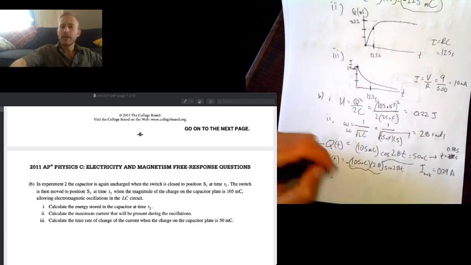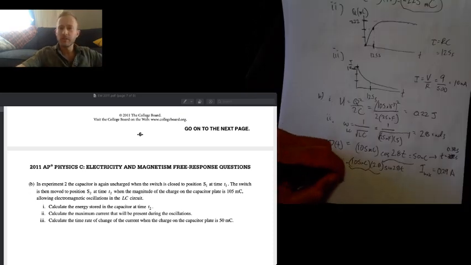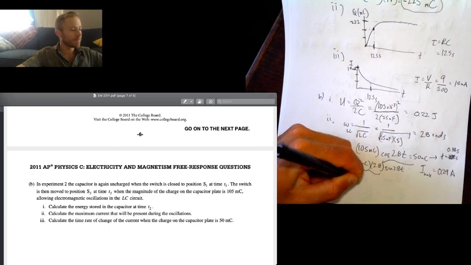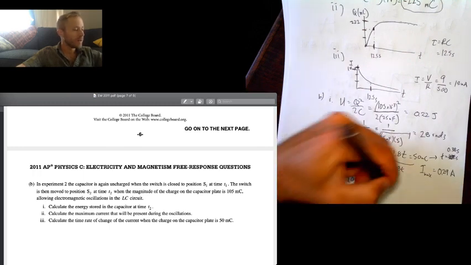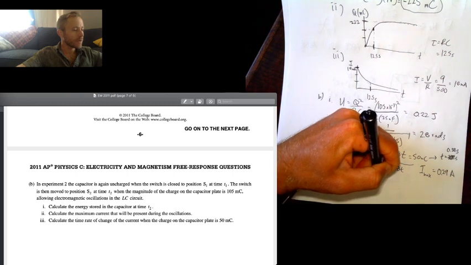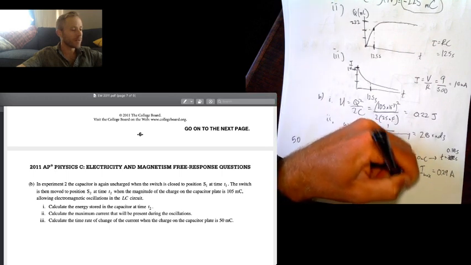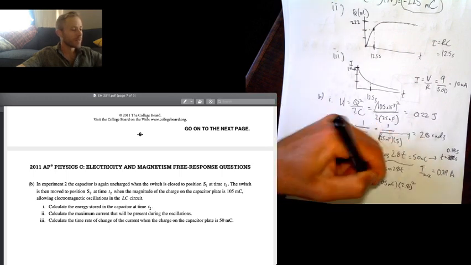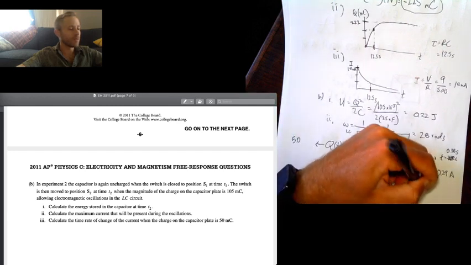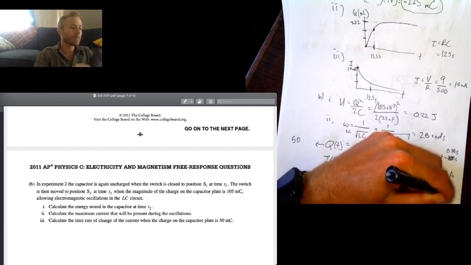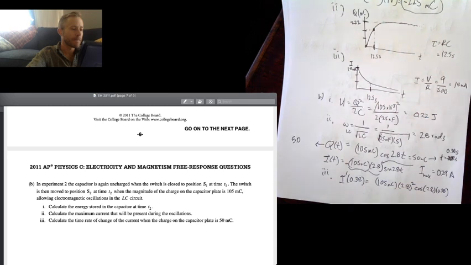Now it's asking me basically what is I prime of 0.38, which would be 105 millicoulombs times 2.8 squared times cosine of 2.8 times 0.38. 2.8 times 0.38.